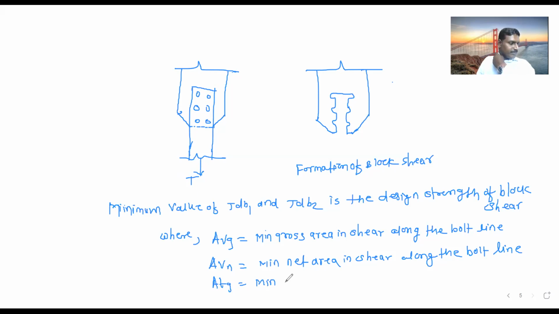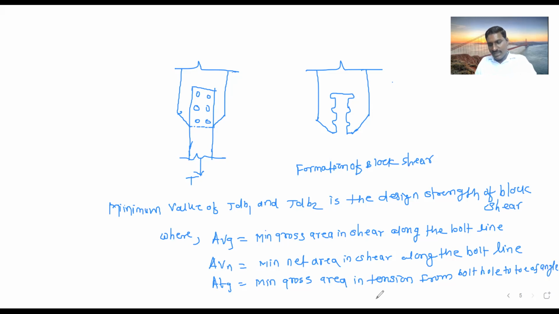Minimum gross area in tension, from bolt hole to toe of angle. So that we will see again while calculating this area.